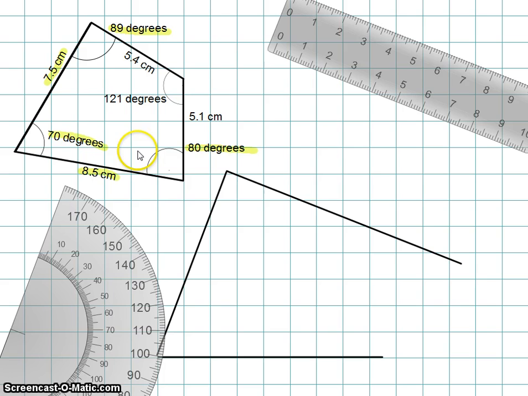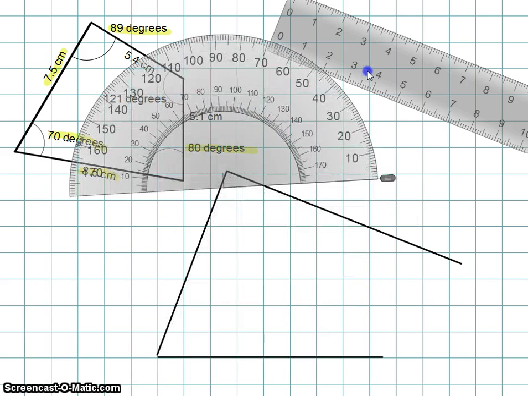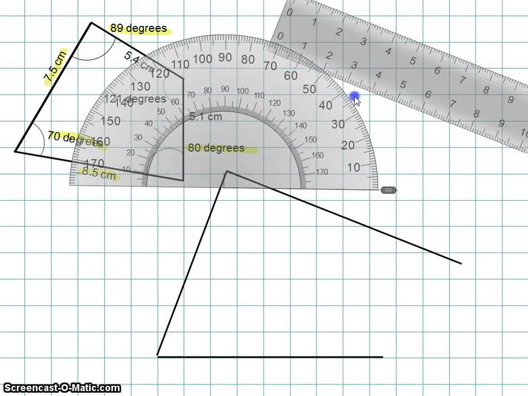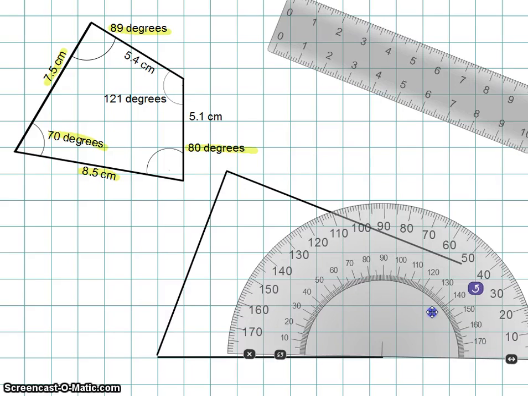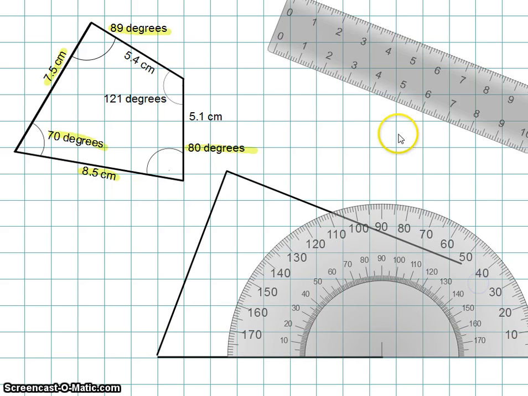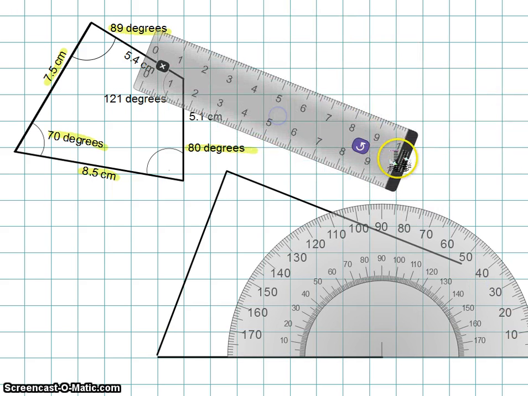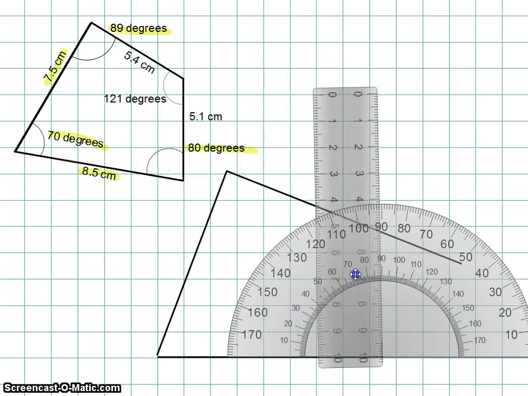Next, I'm going to focus on this angle here, which is 80 degrees. So I'm going to get my protractor and position it right there. Okay, and I'm going to draw a line angled at 80 degrees.